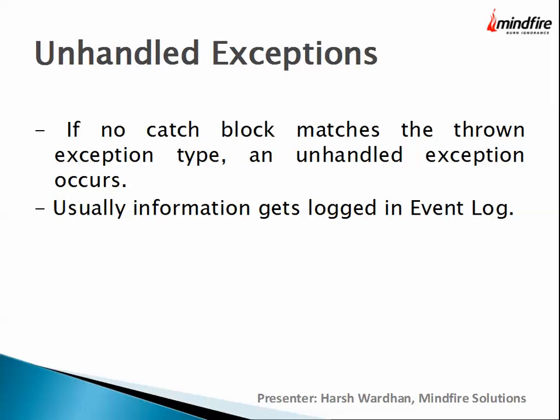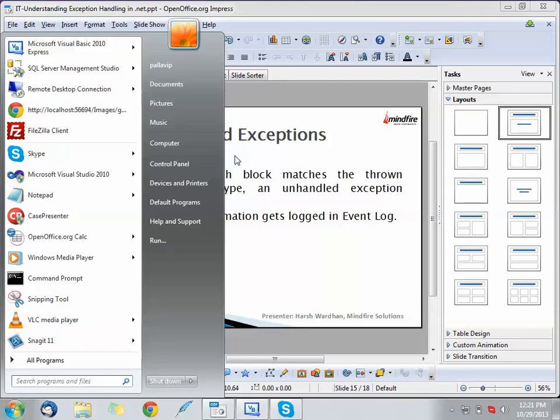If it finds a catch block which would handle it, it would throw the exception. Otherwise, it would throw an unhandled exception. In that case, the CLR would stop your application from executing, and it would most probably get logged in the event log. I'll just show you the event log, how it looks, and how you can make use of this event log to get information.